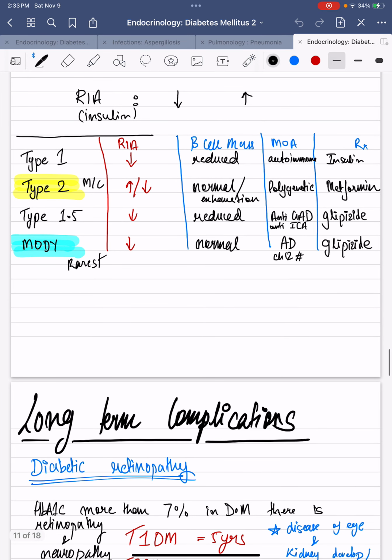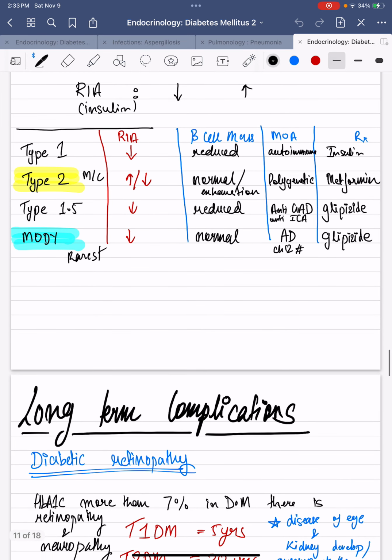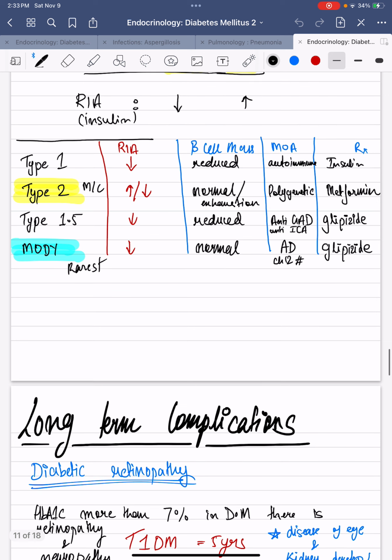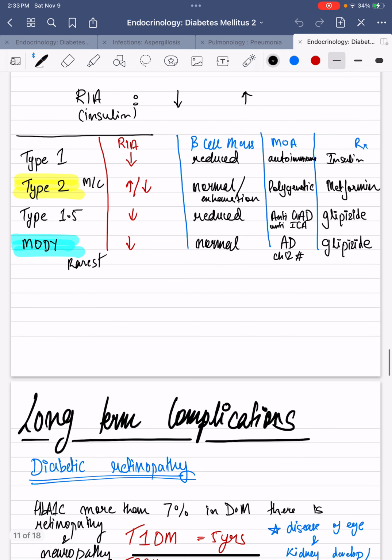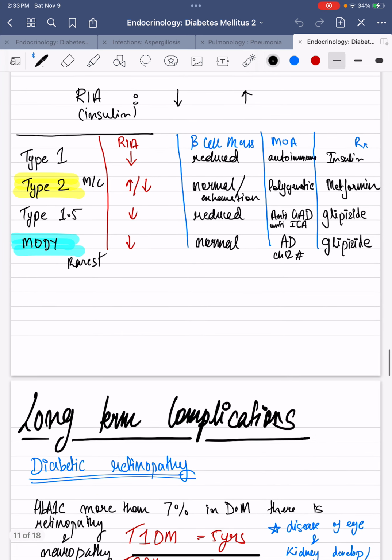In type 2, which is the most common type of diabetes, the radioimmunoassay of insulin will show high at first, but then it will show low. In type 1.5 diabetes, the radioimmunoassay will show low insulin levels, and in MODY, which is the rarest type of diabetes, the radioimmunoassay will again show low.